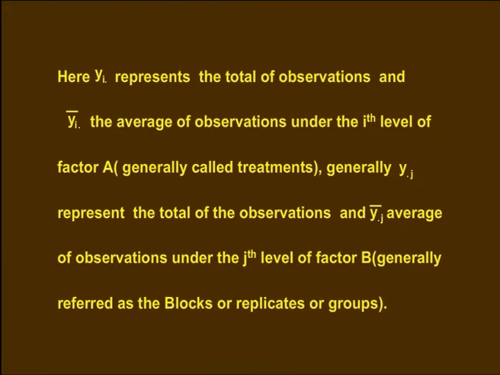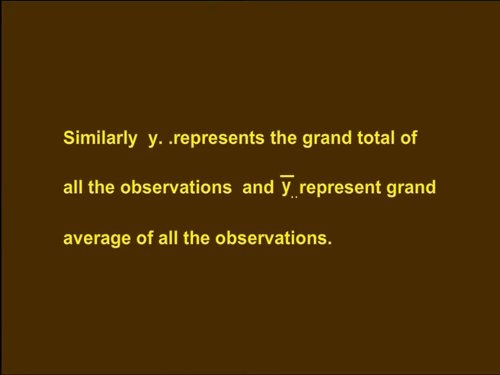Similarly, Y dot j represents the total of the observations and Y bar dot j average of observations under the jth level of factor B, generally referred as the blocks or replicates or groups. Similarly, Y dot dot represents the grand total of all the observations and Y bar dot dot represents grand average of all the observations.